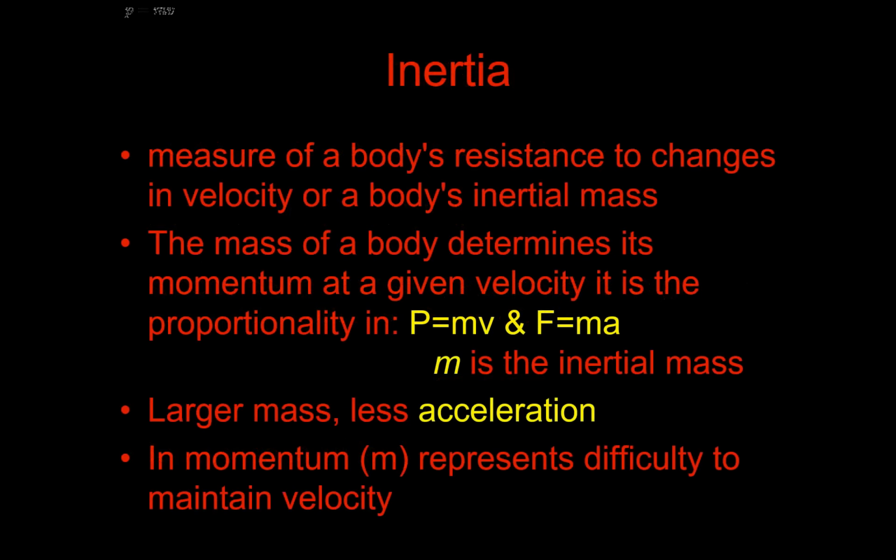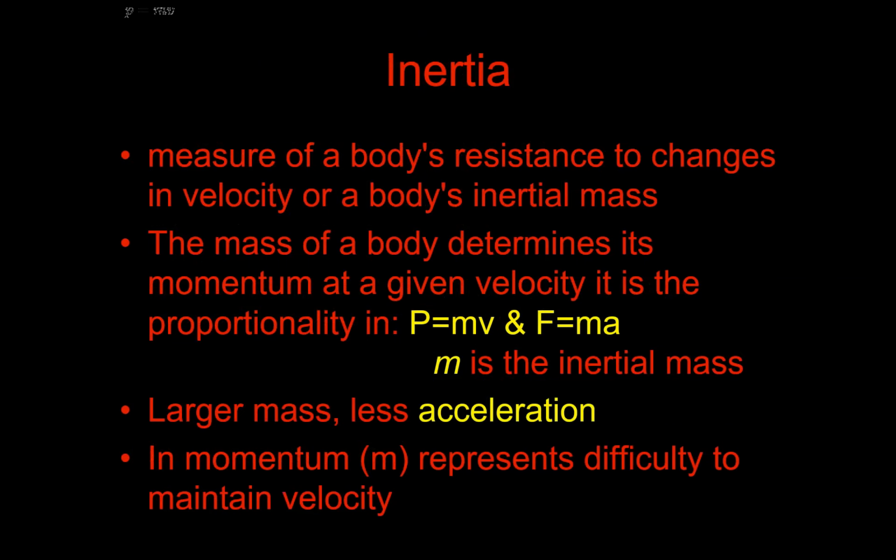So, in terms of inertia, what is this? Well, it's the measure of a body's resistance to changes in its velocity, essentially the opposite of our momentum that we were talking about. The momentum and inertia of a body are really related to how it responds to velocity, how it responds to forces.